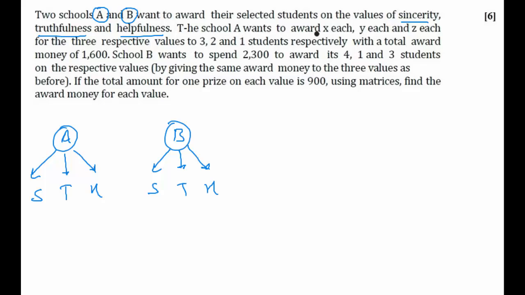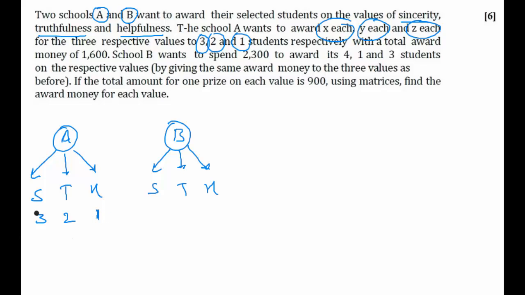School A wants to award X, Y, and Z amount of money for three values to 3, 2, and 1 student respectively. Okay, so there will be 3 students winning an award for sincerity, 2 students winning an award for being truthful, and 1 student will get an award for being helpful.